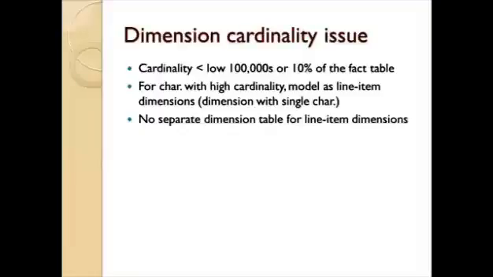Now, a rule of thumb shown here is that, generally speaking, the number of records in a dimension table should be in the neighborhood of low 100,000. You don't want too many records in a single dimension, otherwise it's going to negatively impact the query response time.